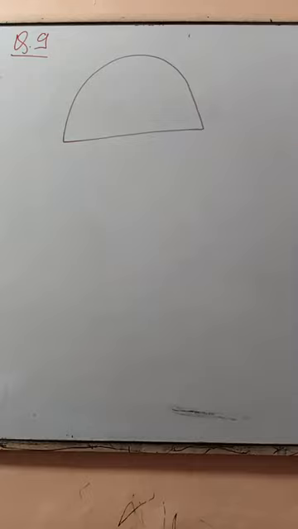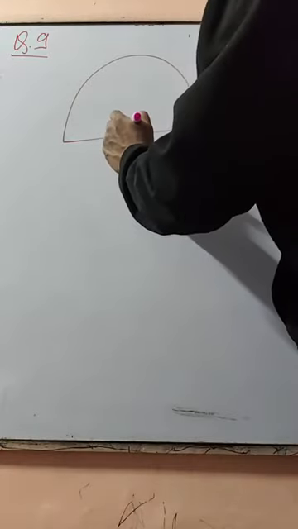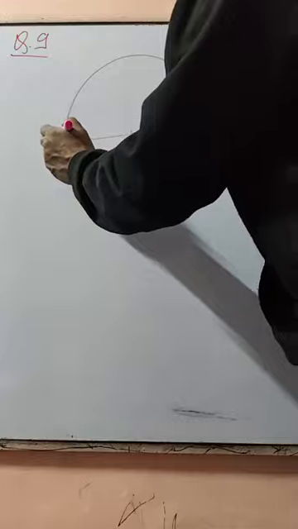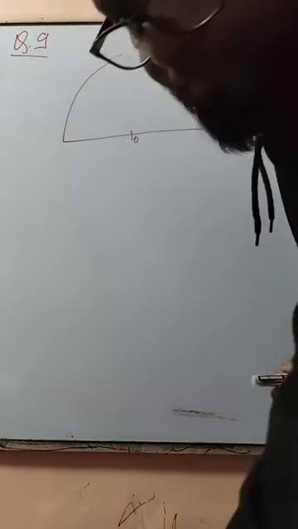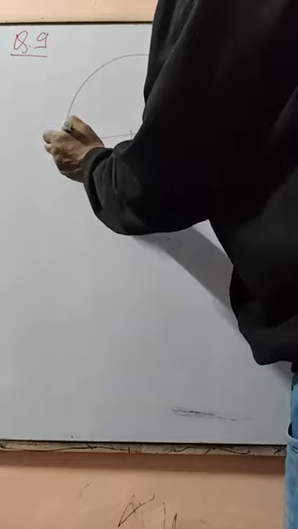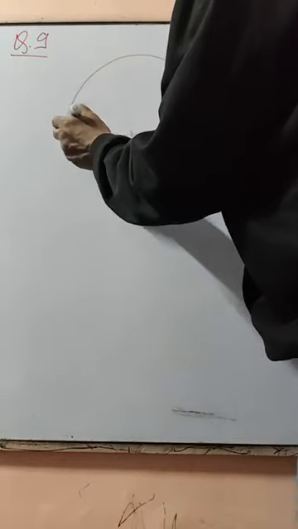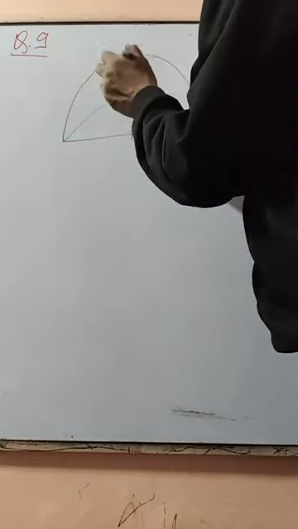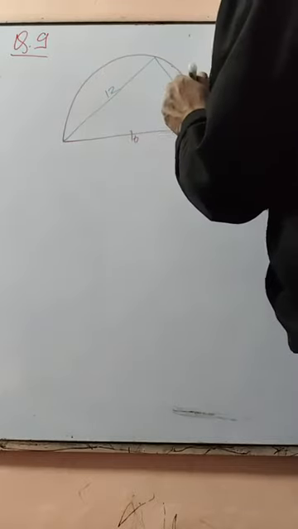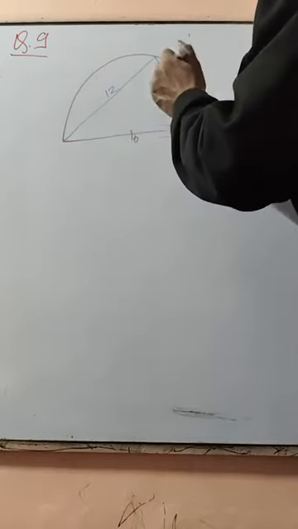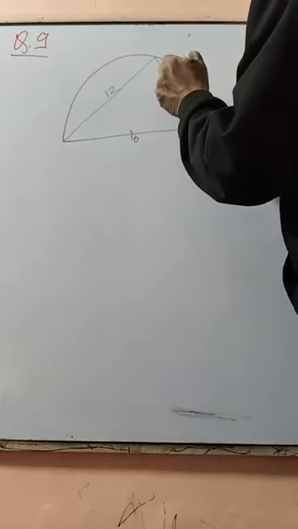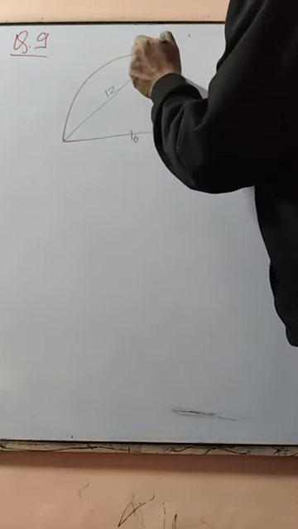Right? What is it asking for? This is the center O, and there is a triangle inside it. What are the dimensions? This is 12. This is 16. This is of 90 degree.